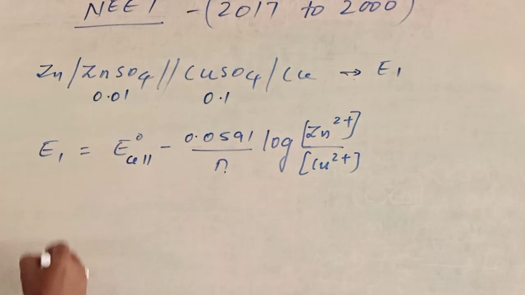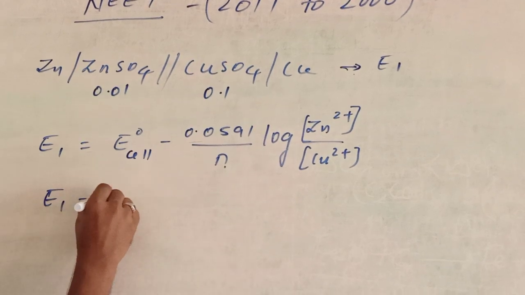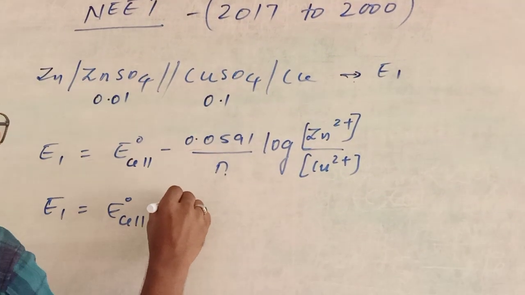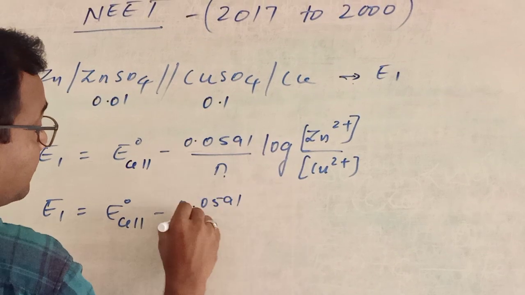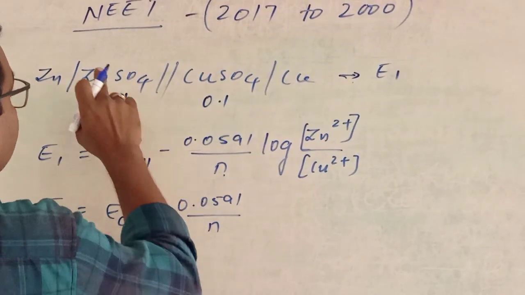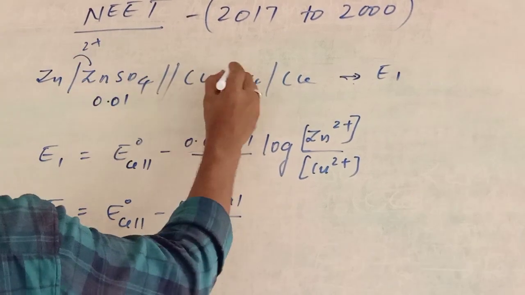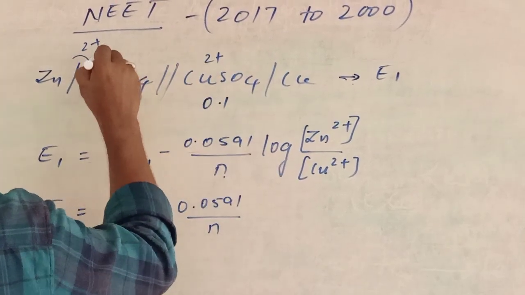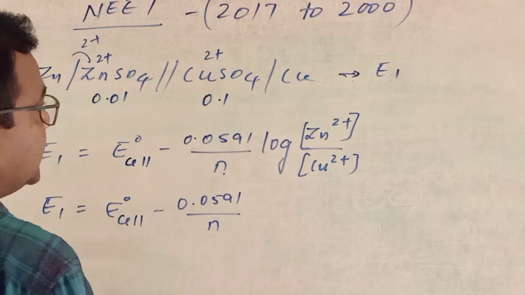Instead of n you can take 2 because the number of electrons exchanged is 2, and here also the charge is 2 plus, oxidation and reduction take place.